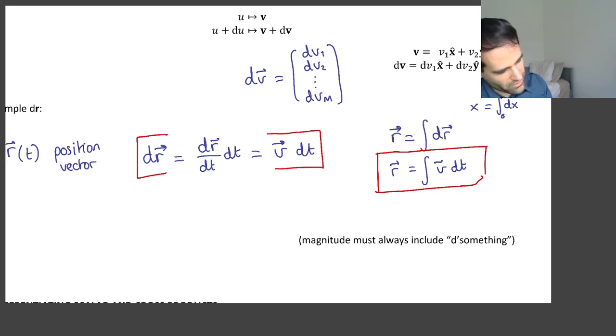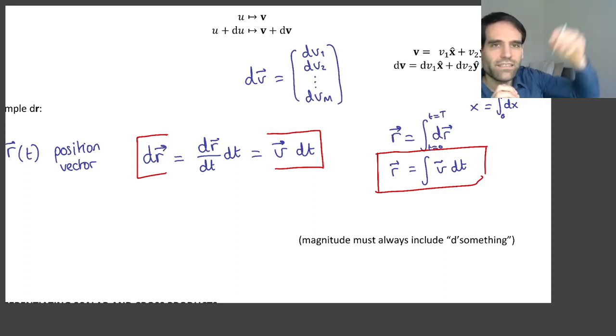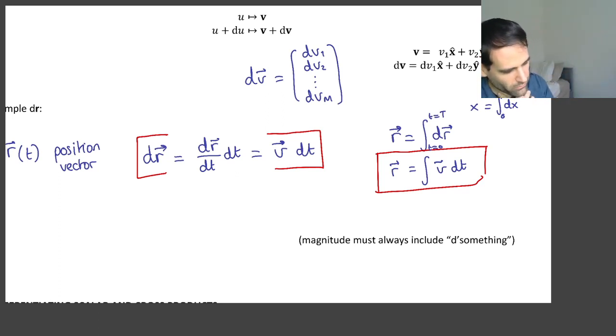Then also the integration of the differential dr is equal to the vector r when we change the parameter from t equals 0 to t equals capital T, for example. So that will give us the total displacement between time 0 and time t. So it's very useful to work with differentials of vectors like dr.